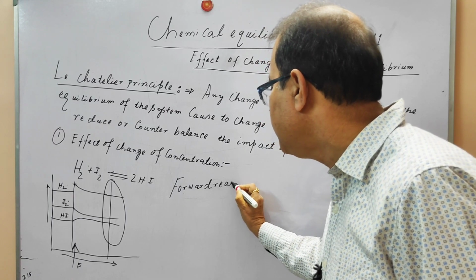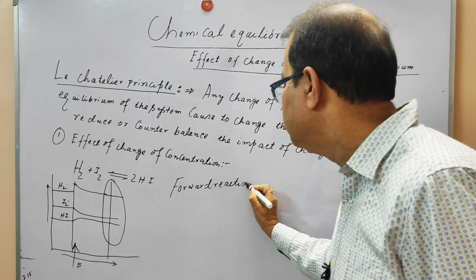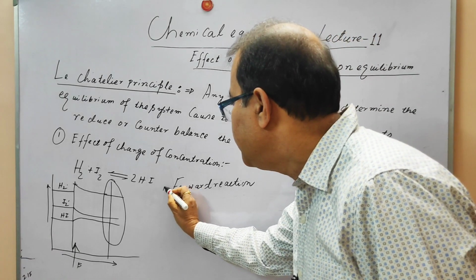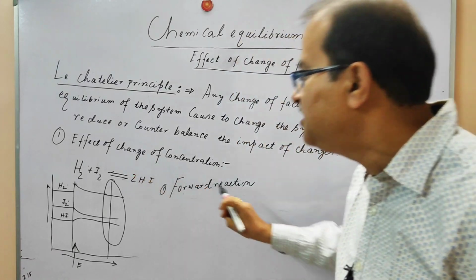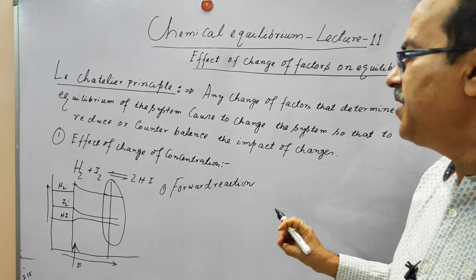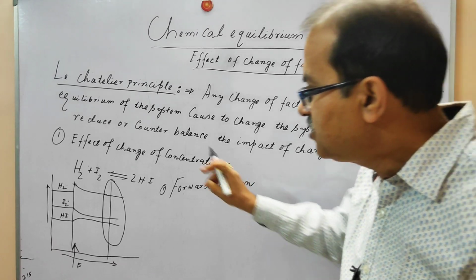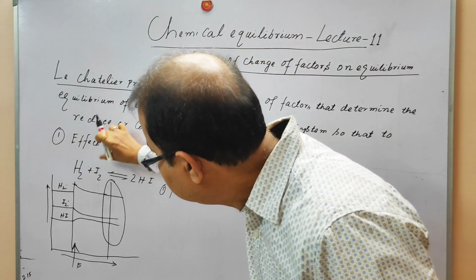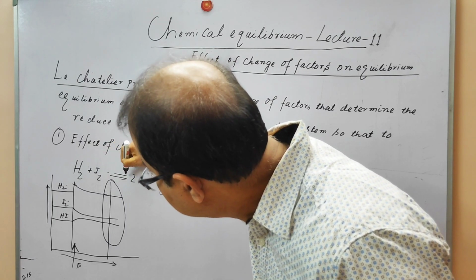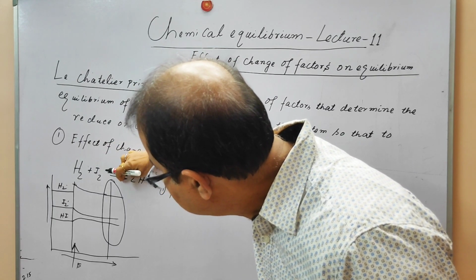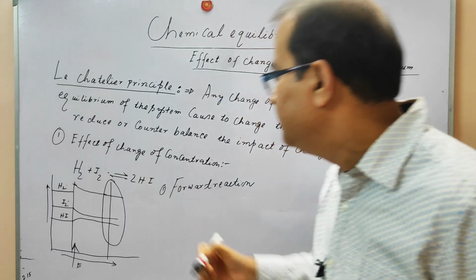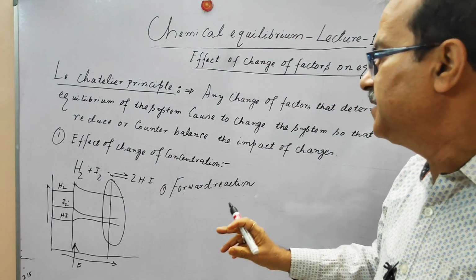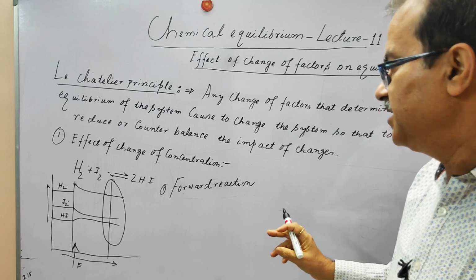When we add the hydrogen, and in case we remove the HI, hydrogen iodide, then also this forward reaction will be there, because the hydrogen and iodine will react with each other and make a forward reaction.